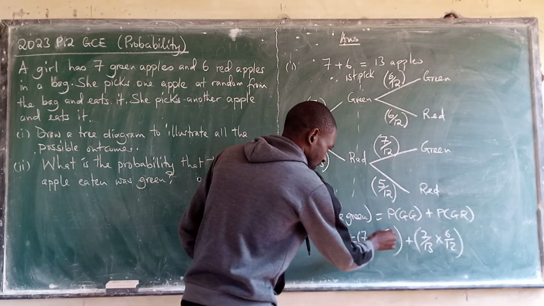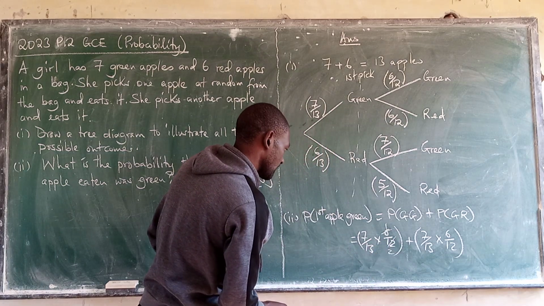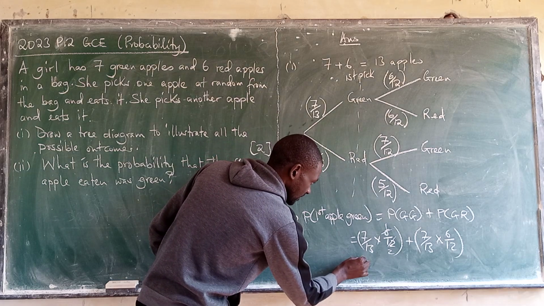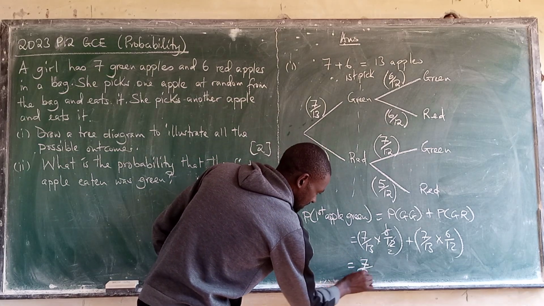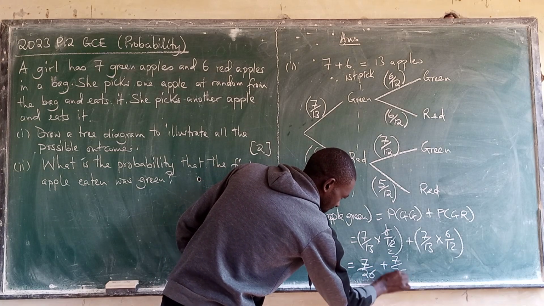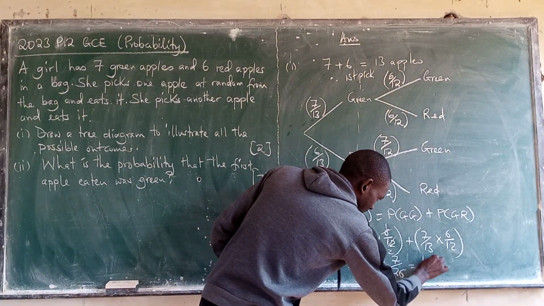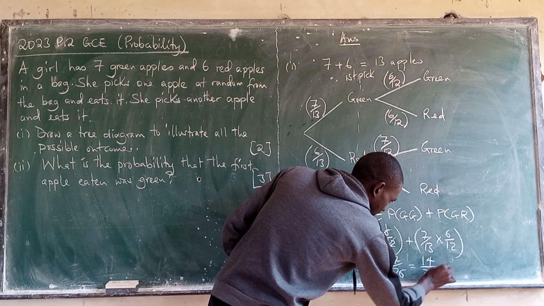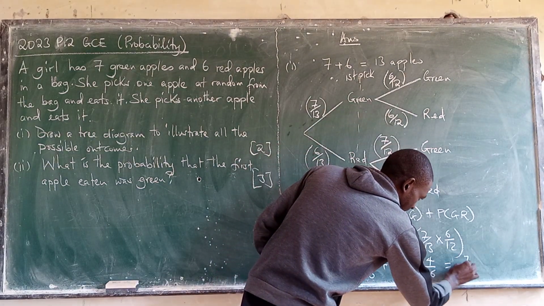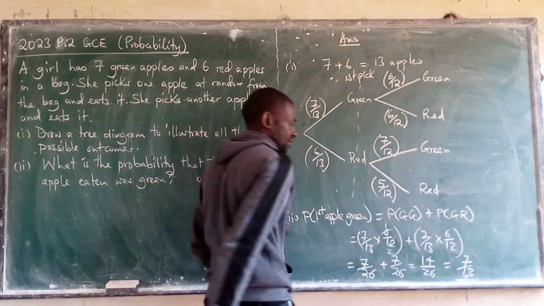Okay, so we know this one, that's 1, then there are 2, and that gives us 7/26, meaning even this side it will be 7/26. And if we add this and that, we are getting 14/26. If we simplify it, that is 2 there, 7/13. So this is our answer.